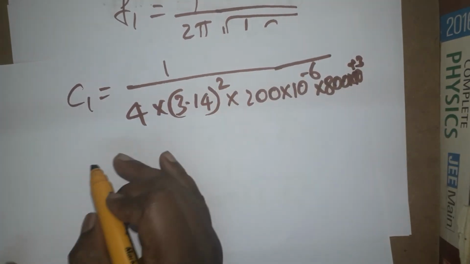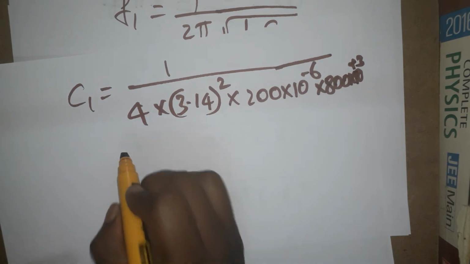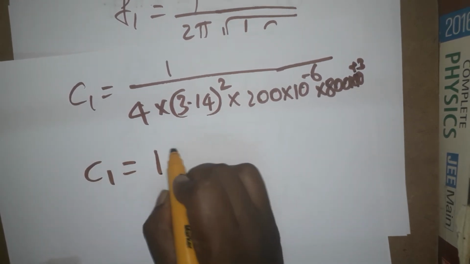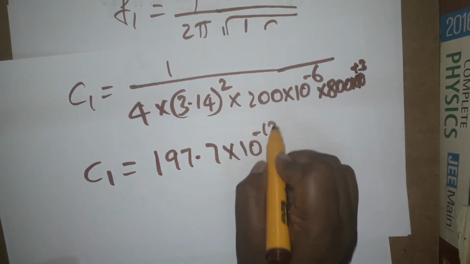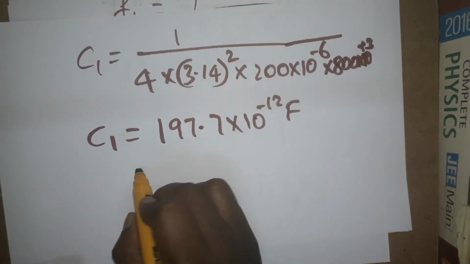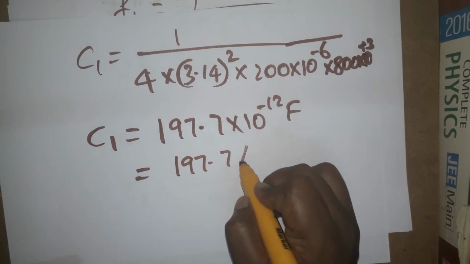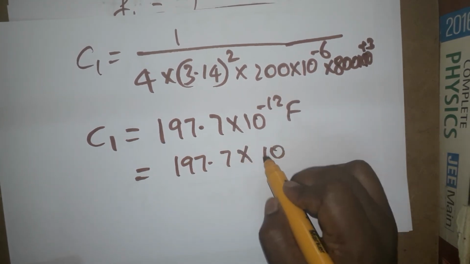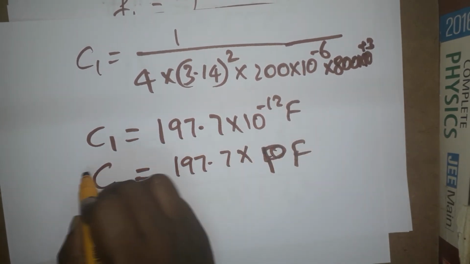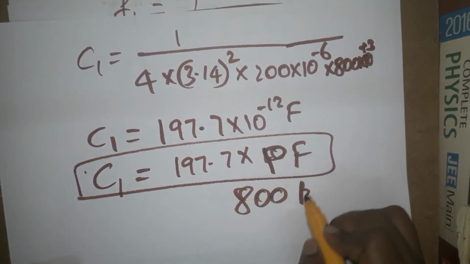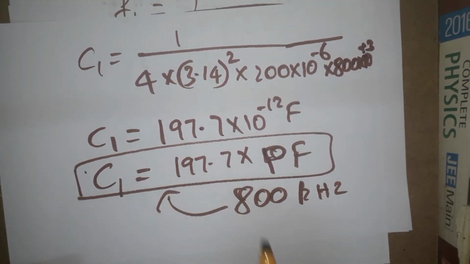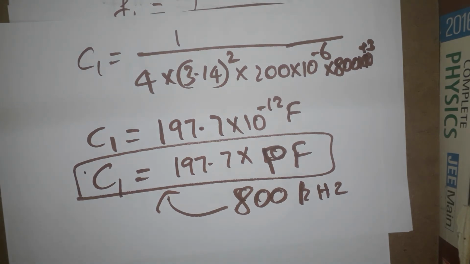Doing this full calculation, the capacitance for the initial state is 197.7 into 10 power minus 12 farad, which is called picofarad. This capacitance is required for 800 kilohertz.